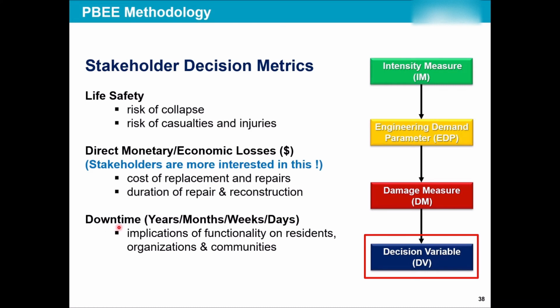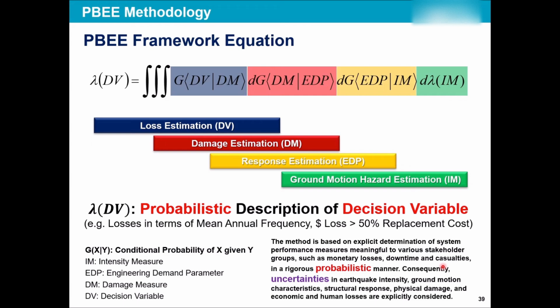The functionality of your residential, commercial, or industrial building, which can be lost for years or days, can be a big problem. But all of these can be concluded from a simple fragility curve and vulnerability curve. So simply, we started again from intensity measure, and we went all the way to decision variables.